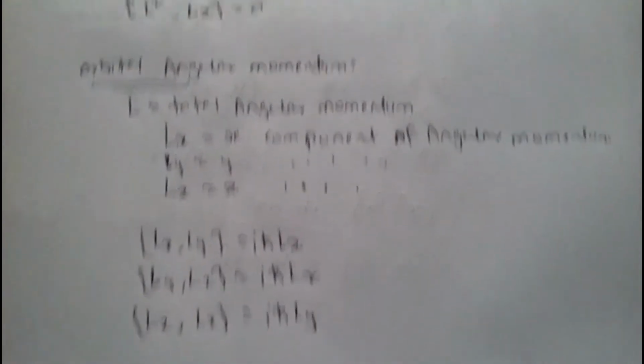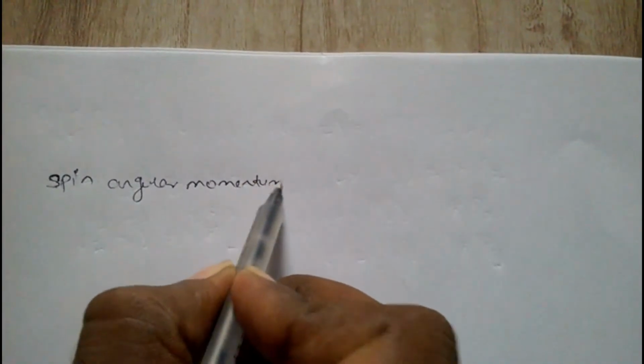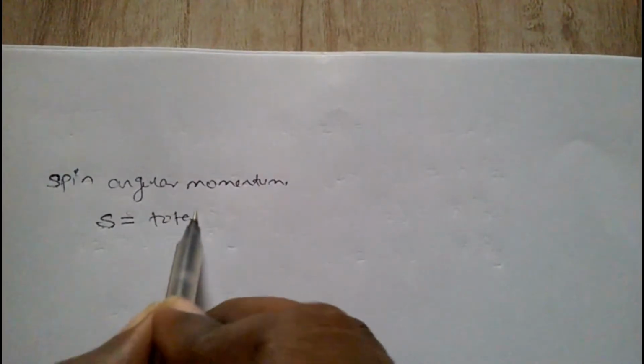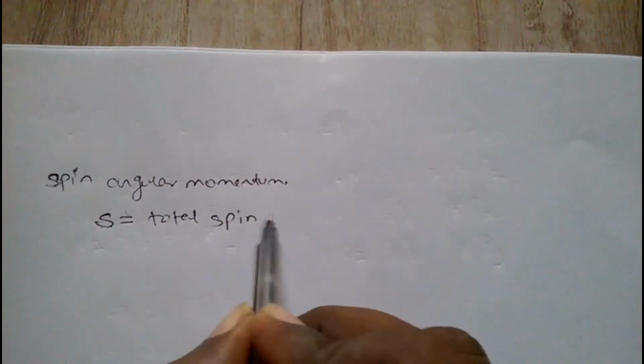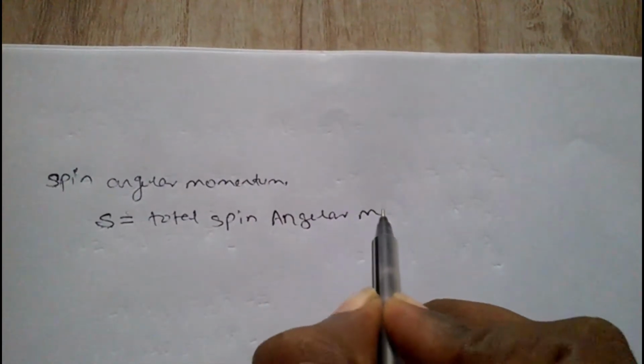Now we move to spin angular momentum. Spin angular momentum is denoted by S. So S is total spin angular momentum.